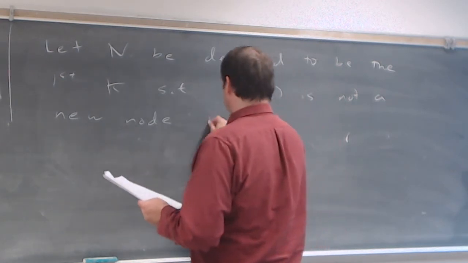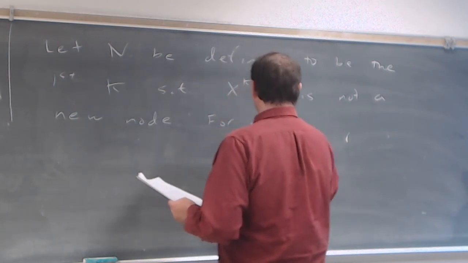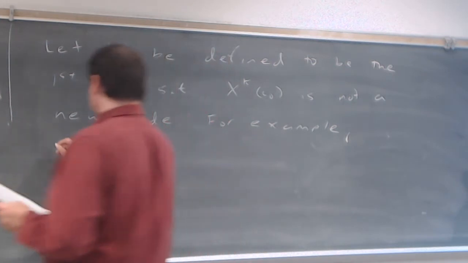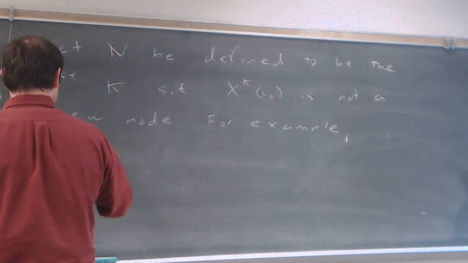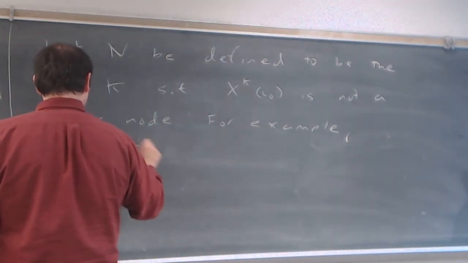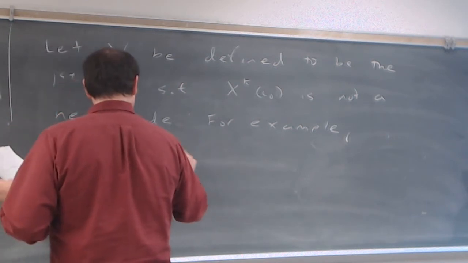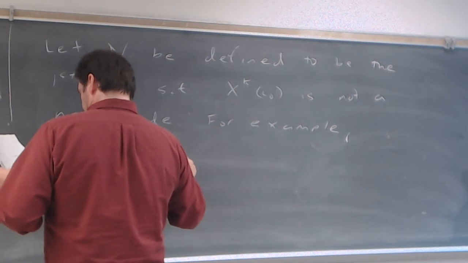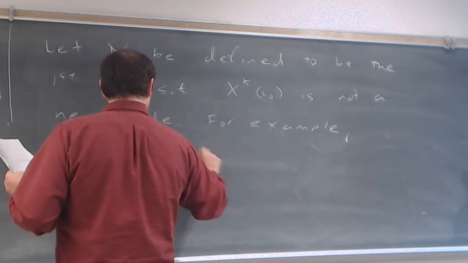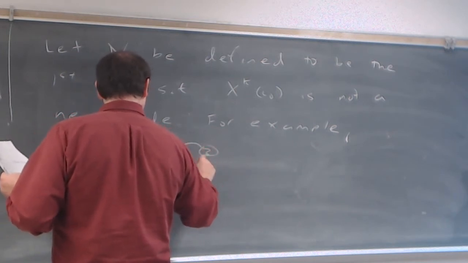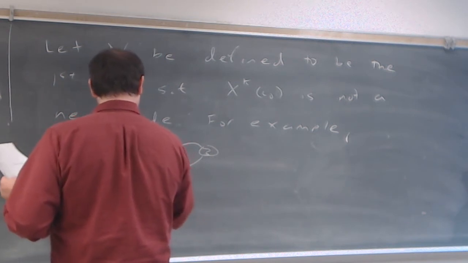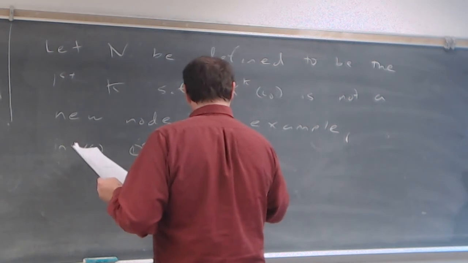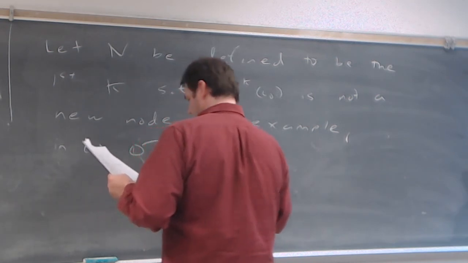For example, in our example A, where we had 1 was associated to 2, and 2 was associated to 3, and 3 was associated to 1, and then 4 was associated to 3.